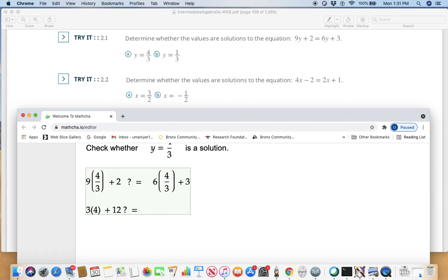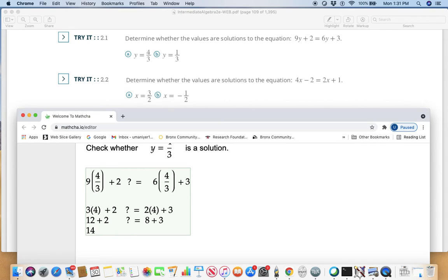Question equal. 3 reduces 6 2 times. 2 times 4 plus 3. 3 times 4 is 12 plus 2, 12 plus 2 is 14.